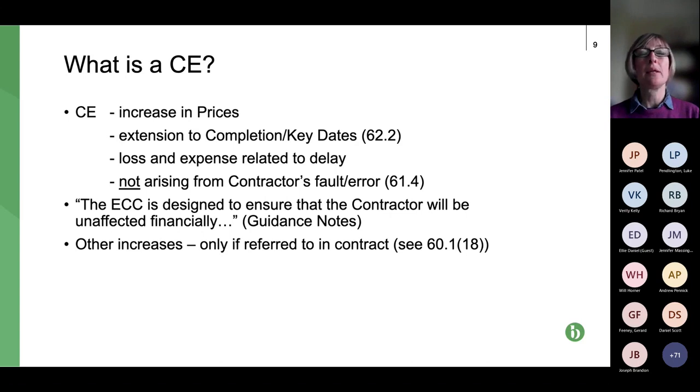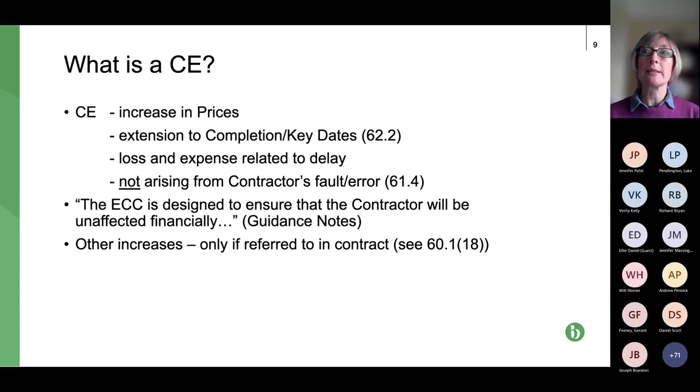And it's quite a nice one if you want to quote it to a project manager or paying party, where the compensation event cost based on the schedule of cost components is being disputed for any element. What it is, the engineering and construction contract is designed to ensure that the contractor will be unaffected financially.